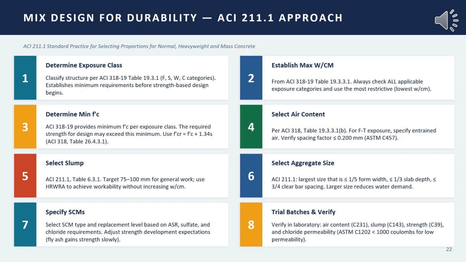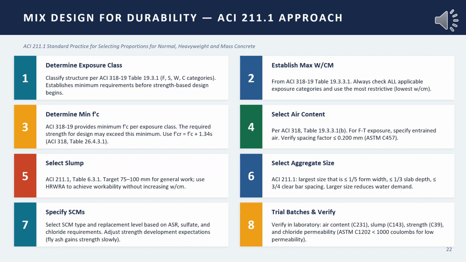The workability target from table 6.3.1 of ACI 211. Then always use a high range water reducer to achieve the required workability without increasing the water cement ratio.